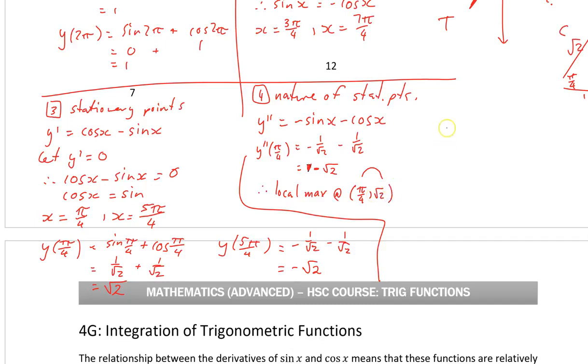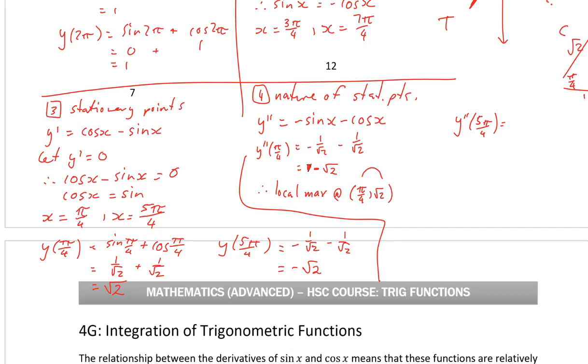Now I need to check this other one here. I'm going to say y double prime of 5 pi over 4, that's my other one. Y double prime of 5 pi over 4 is equal to, remember at 5 pi over 4, they're both negative here.